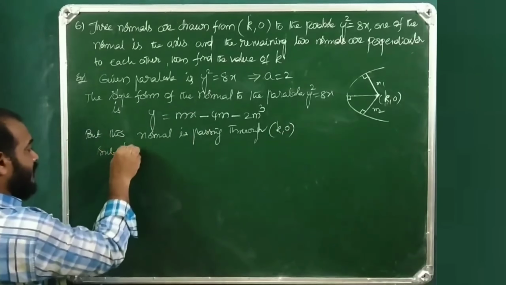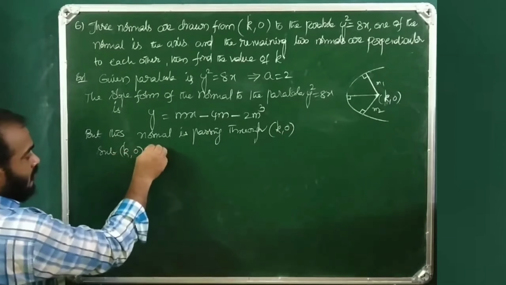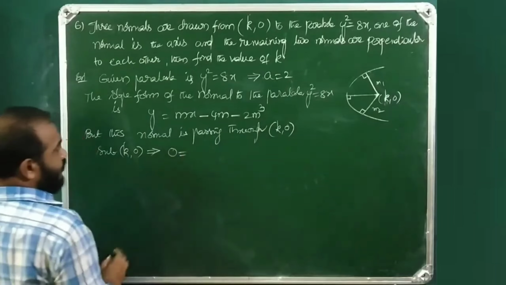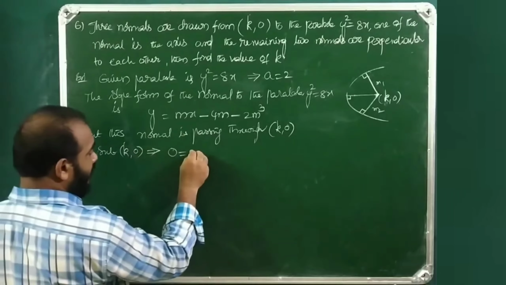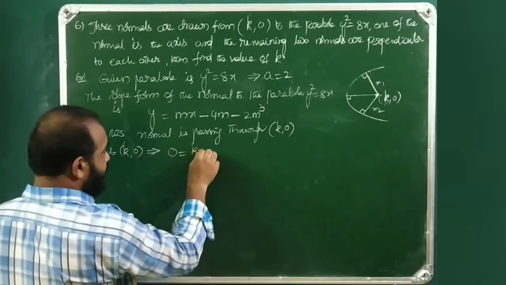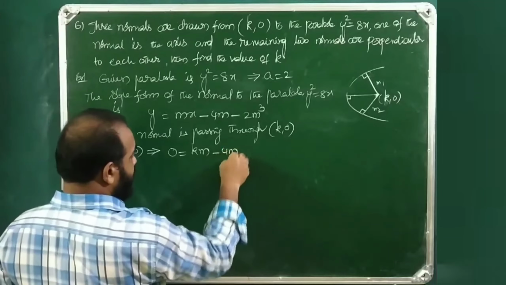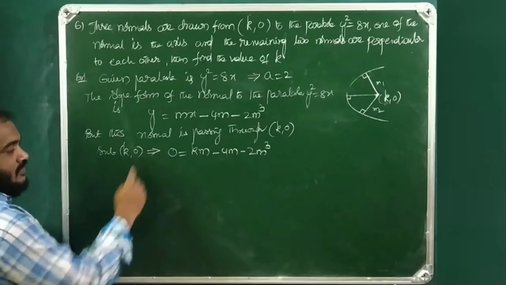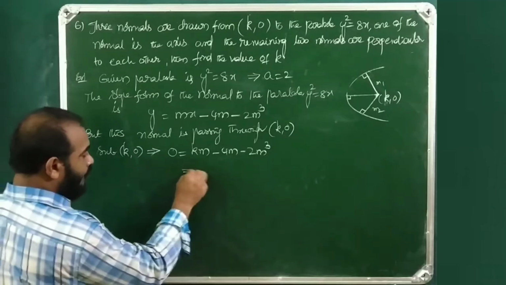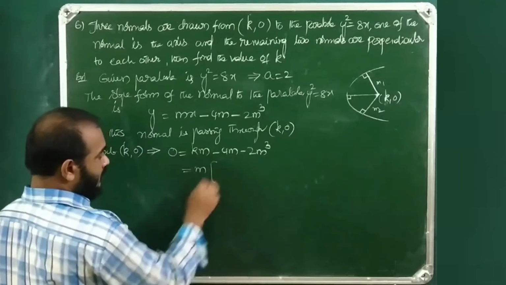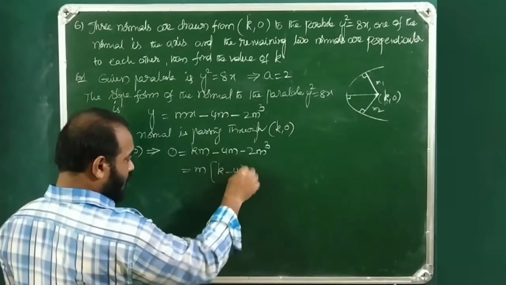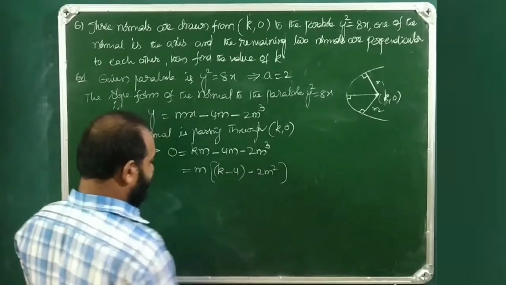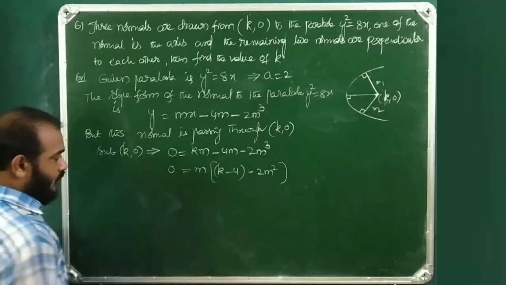Substituting (k, 0) in this equation, we get 0 equals mk minus 4m minus 2m cube equals 0. If you take m common, then m(k minus 4 minus 2m square) equals 0.